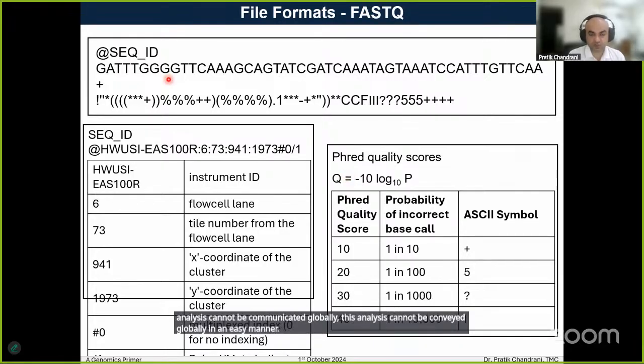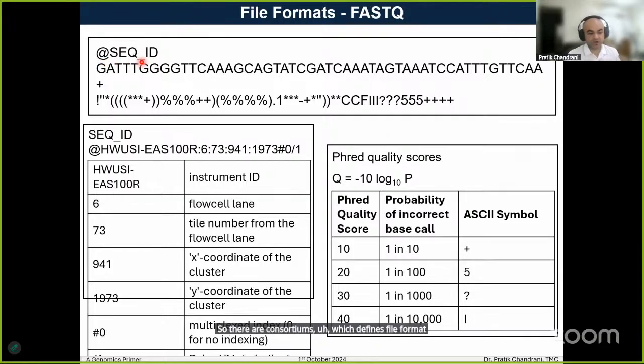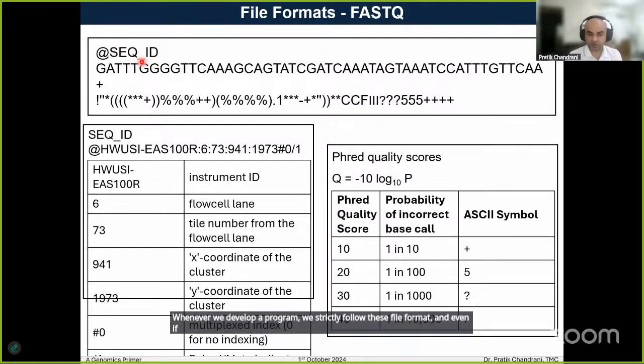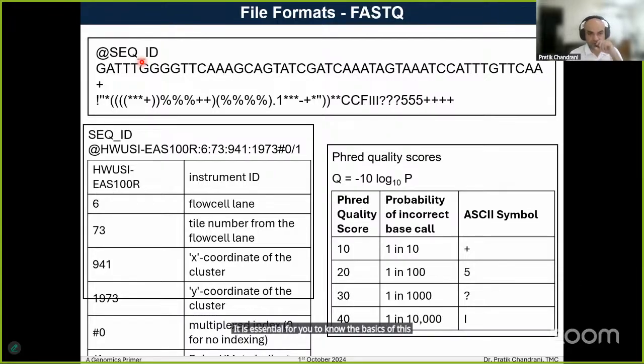So there are consortiums which define file formats at the global level, and all of the programmers, all of the computational biologists like us, whenever we develop a program, we strictly follow these file formats. And even if you are not from a bioinformatics background, if you are from clinics or basic biology, it is still essential for you to know the basics of these file formats so that when you are dealing with them, you accidentally don't modify a file in a way that will break it.